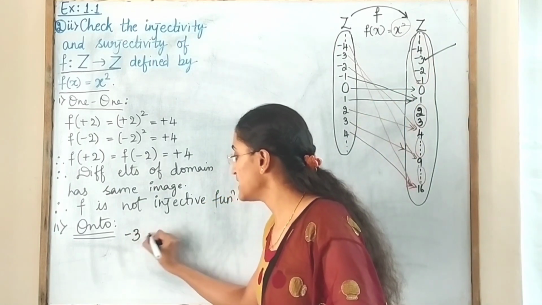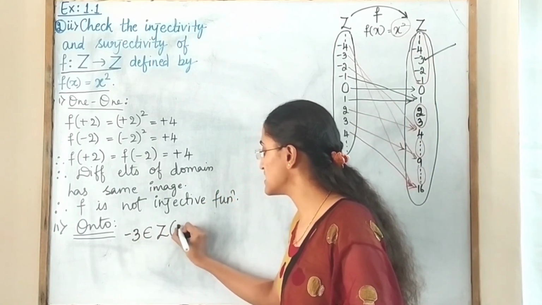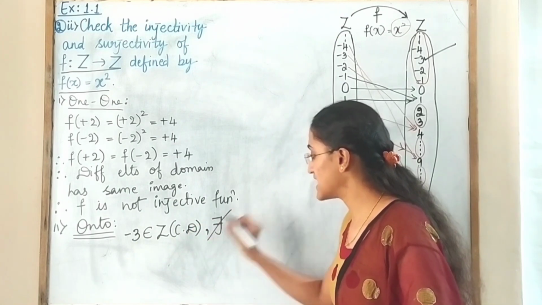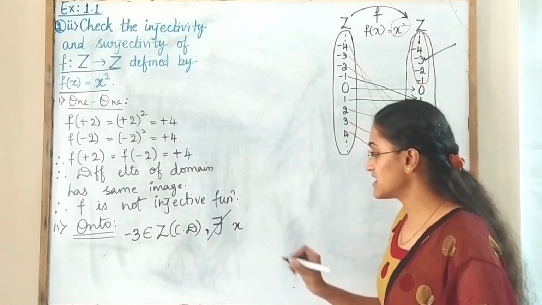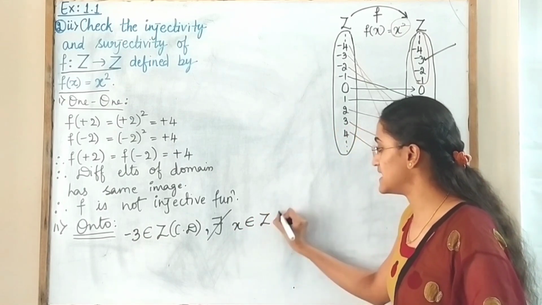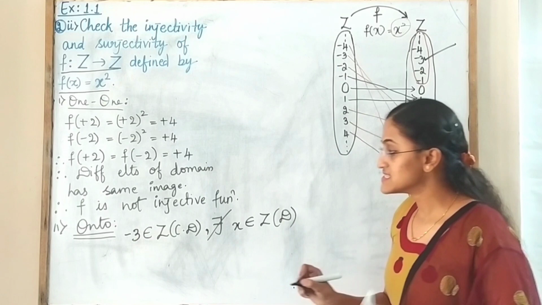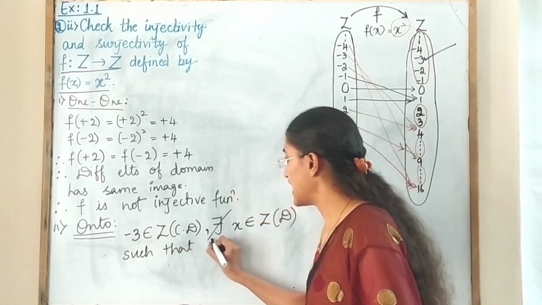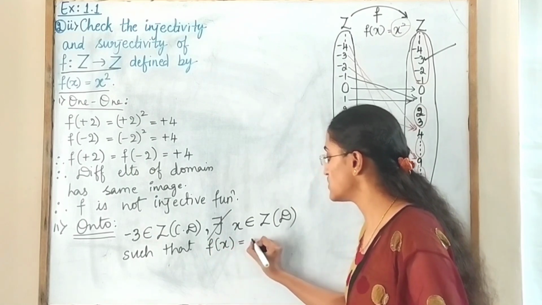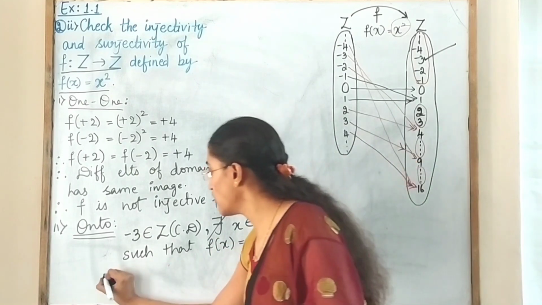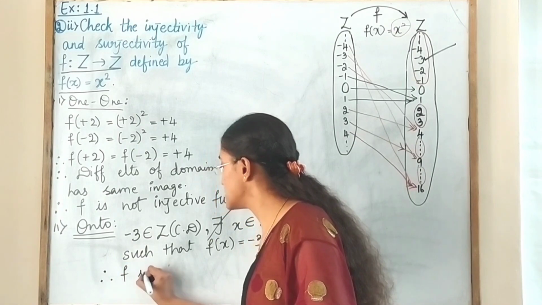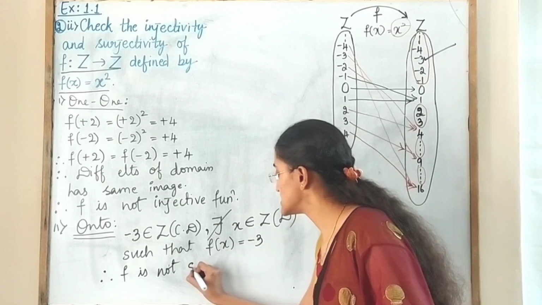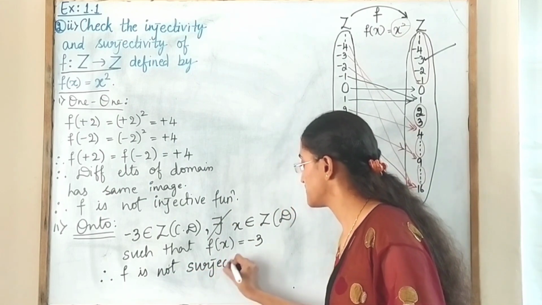Minus 3 belongs to the codomain Z, but there does not exist any element x which belongs to Z, that is the domain set, such that f of x is equal to minus 3, and hence you can now conclude that f is not an onto function or f is not a surjective function.